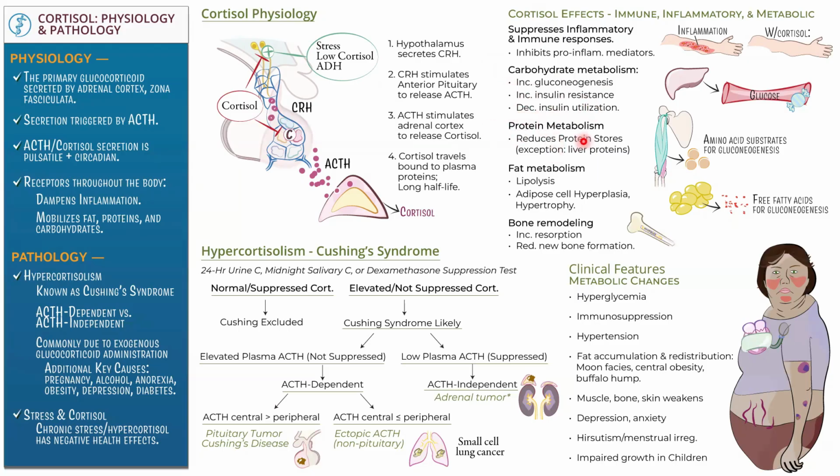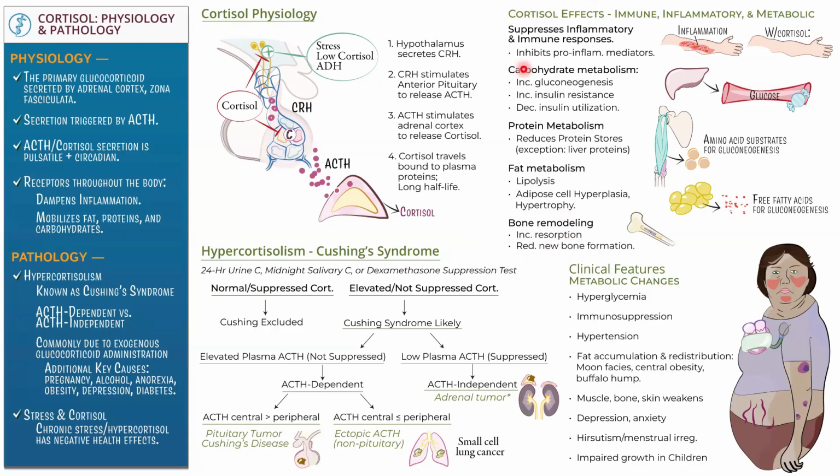It also leads to protein metabolism, that is breakdown of proteins. It leads to fat metabolism, leading to lipolysis and adipose cell hyperplasia. It also leads to bone remodeling, leading to increased bone resorption.